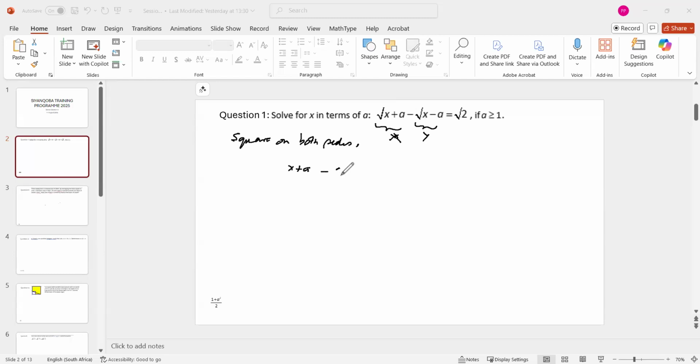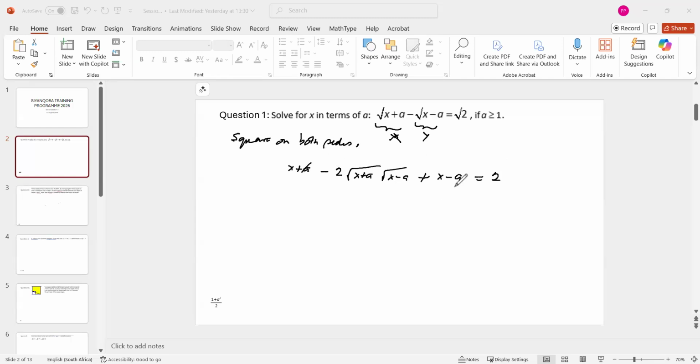So you have minus 2 times the product of these two plus the square of the other term, which is x minus a. There's a plus sign in front, so I don't have to put brackets. So that's the square of the left-hand side. You must square the right-hand side as well. What you do on the left, you must do on the right.